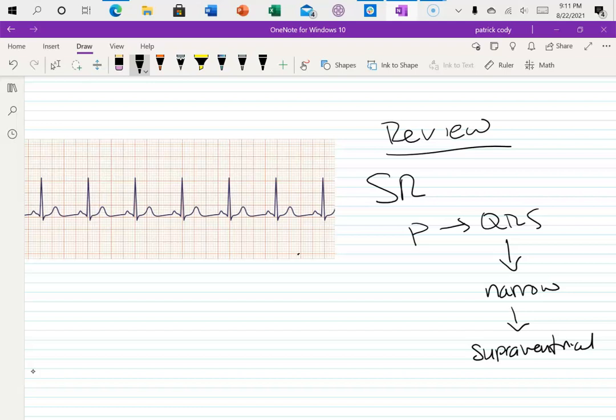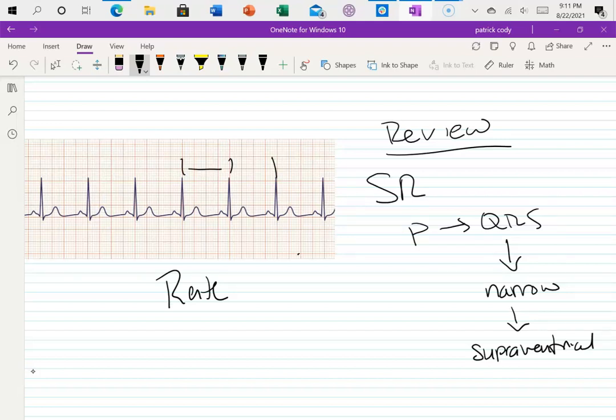And then we talked some more about rate, and we talked about using the R to R interval as our measurement of rate. And we can use a number of methods, right? We can use the memorization method of 300, 150, 100, 75, 60, and so on.